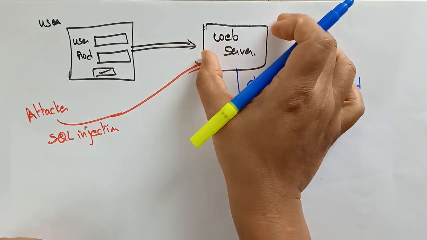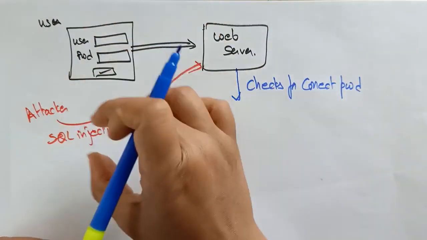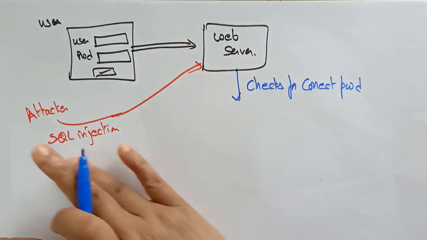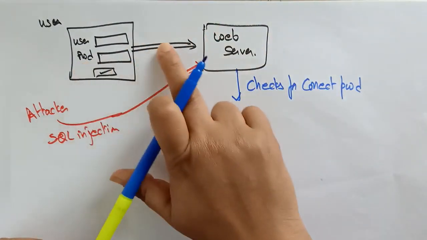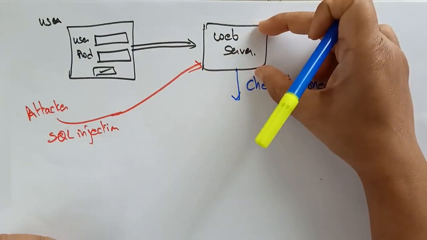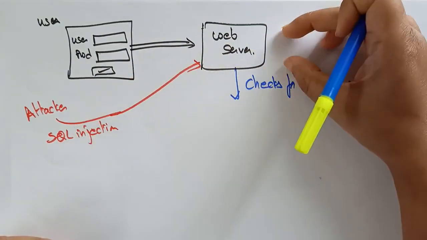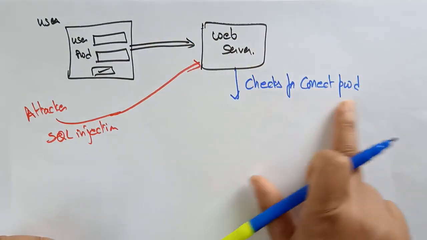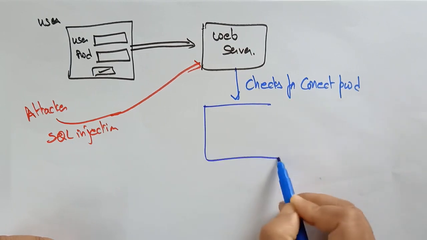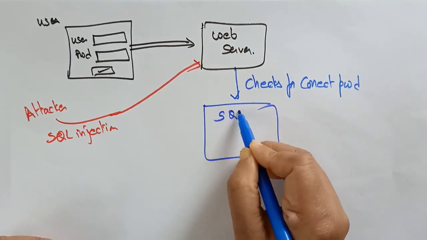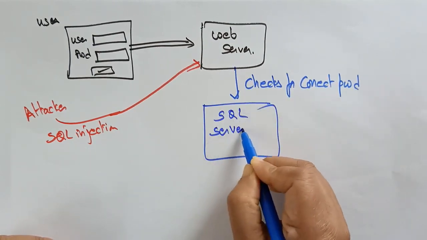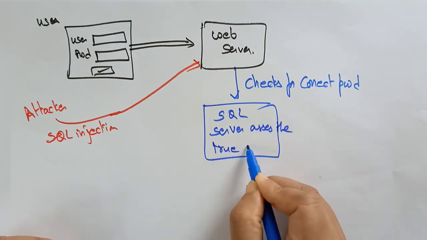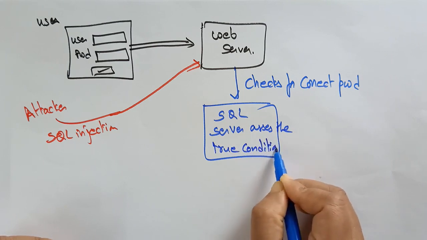The web server can't identify whether he is the correct person or not. It doesn't bother about it. The SQL is injected along with this field, so it can't identify that an attacker is also entering. It simply checks for the correct password and enters the SQL server, that is the database. The SQL server assesses the true condition, so whatever he wants to access will be displayed.